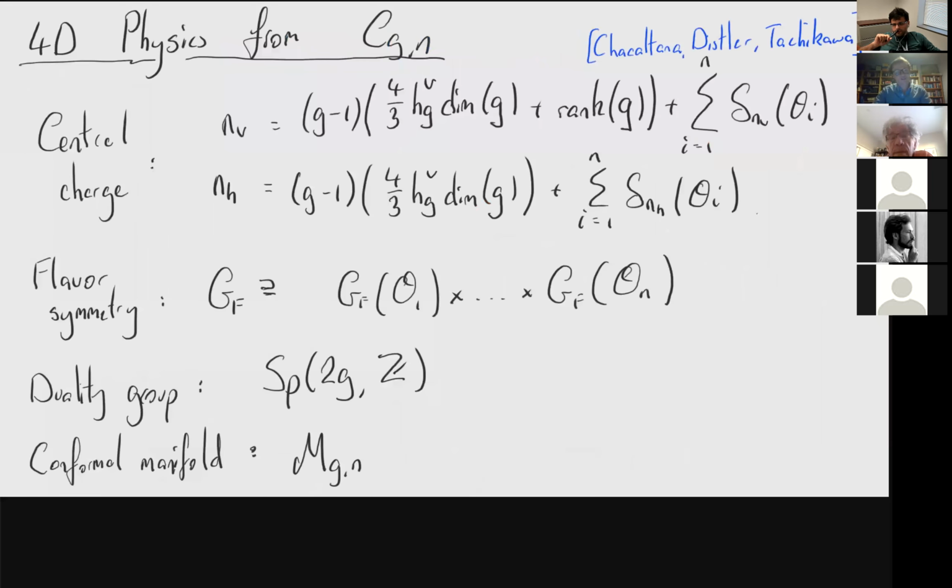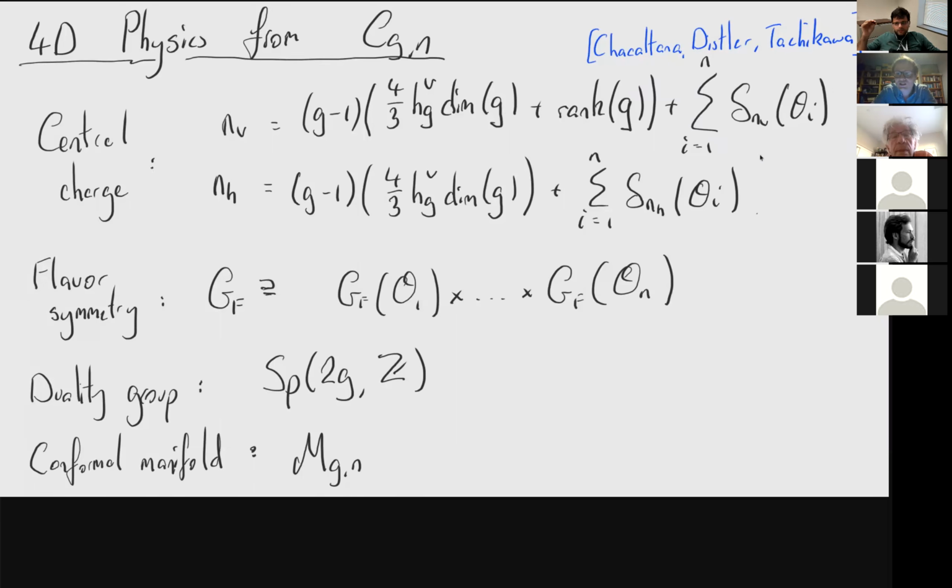So how do you get 4D physics from this? This has been very well studied. The central charges, n_v and n_h, are given as combinations of a global piece that depends on the genus here, and the type of algebra describing the 6D theory. If you can't tell the difference between my G and my math frak G, that's not surprising, but I think context will suffice.